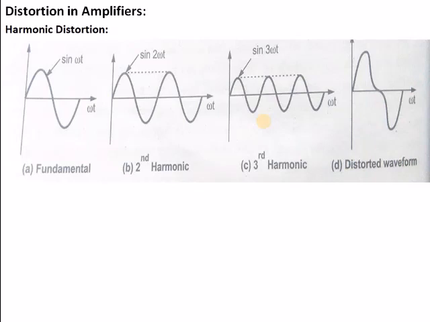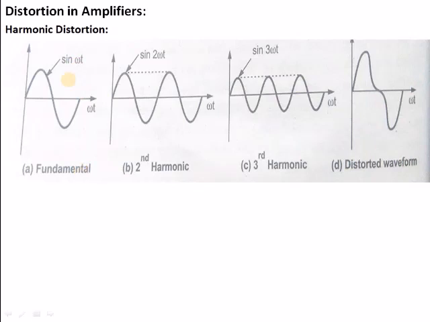The additional frequency components present at the output have integer multiples of the fundamental frequency. In this figure, sine omega t is the fundamental signal, and these two are the harmonic signals present at the output. The frequencies of these harmonic signals are integer multiples of the fundamental.